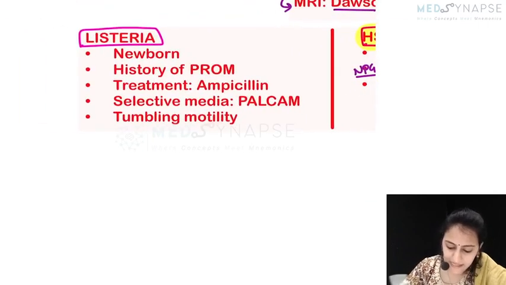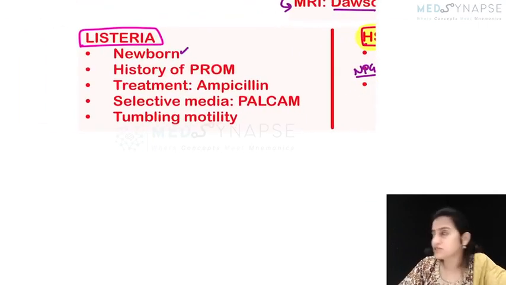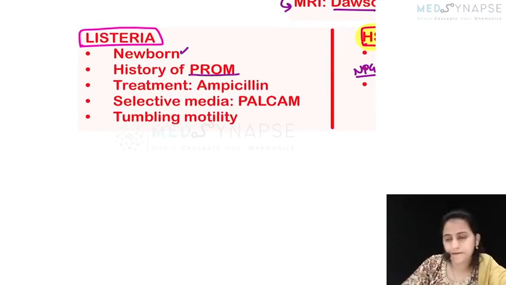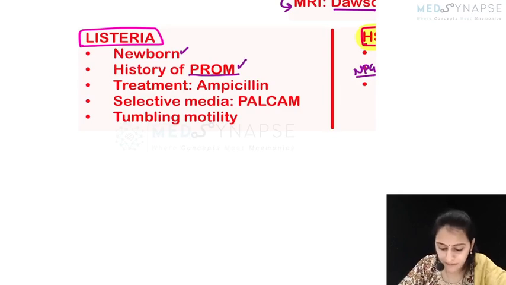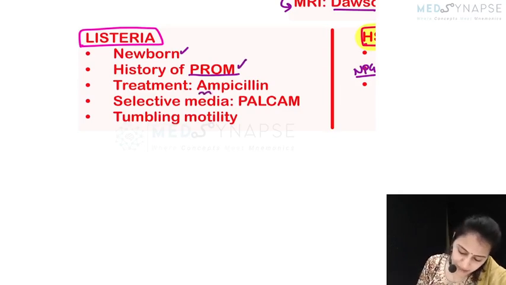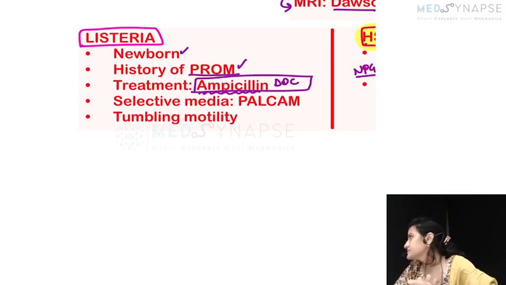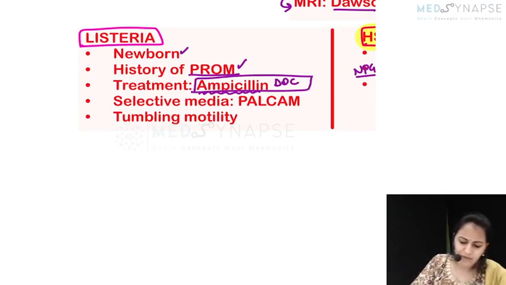While Listeria is a common cause of neonatal meningitis, especially if there is a history of premature rupture of membranes. Very important, what is the drug of choice for Listeria? Ampicillin. Okay, it is ampicillin. Listeria is gram positive or gram negative?